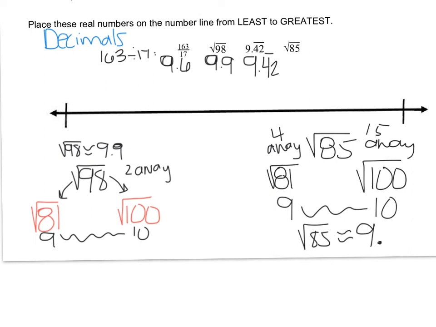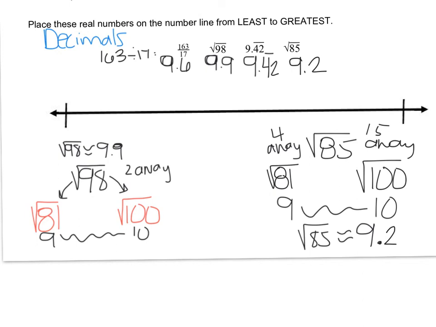I think 9.4 would be too big. So if you said 9.1, 9.2, I think you would be in a good spot. Because when you go back up and write it, that lets you know that that is the least of your numbers. And really, I want to know what the least of your numbers is.